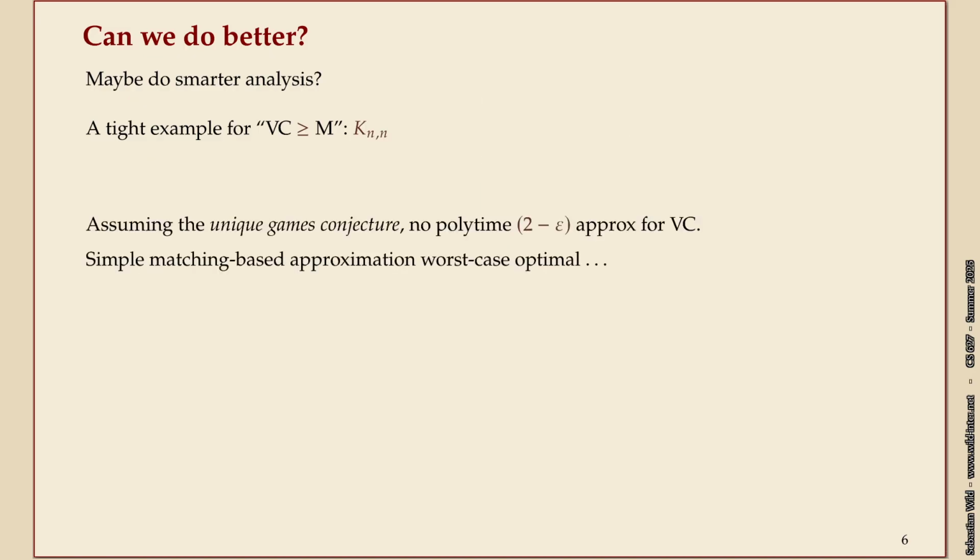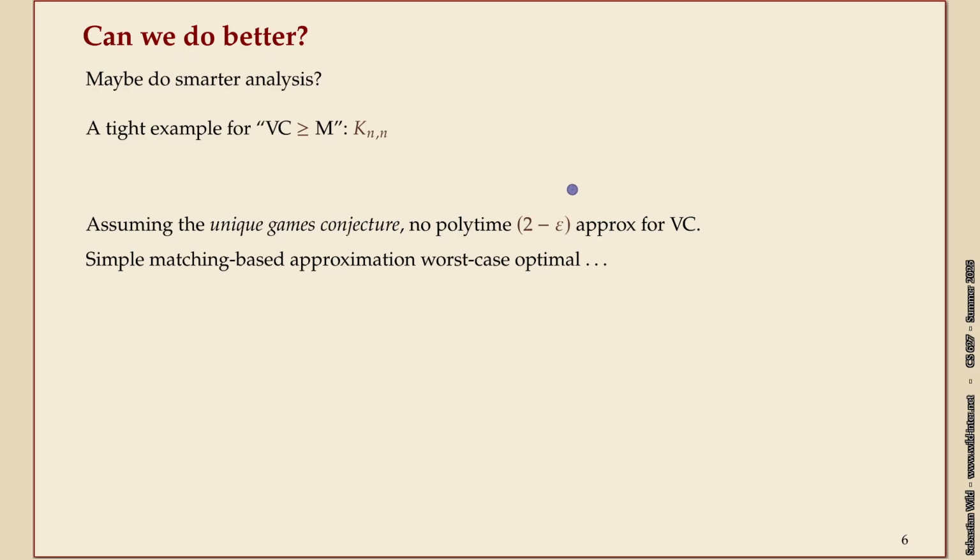And with a bit of an extra assumption, without getting into what that is, there's a conjecture. If you assume that that conjecture is true, then people have proven conditional on that. There's no constant factor you can improve upon this 2. You can do a 2 minus some function of the input size approximation.